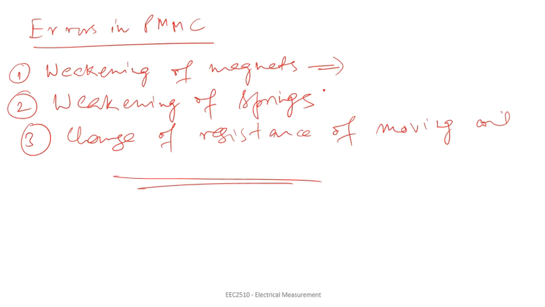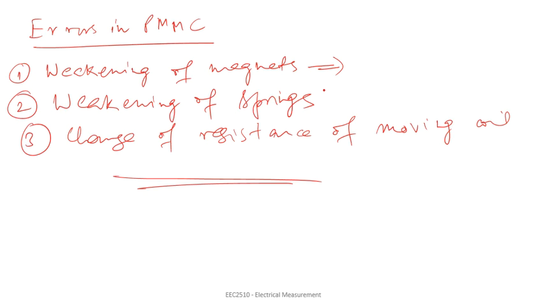However, the effect of weakening of springs on the performance of the instrument is opposite to the aging of the magnet. The weakening of the magnet will tend to decrease the deflection for a particular value of current, while the weakening of springs will tend to increase the deflection. We have just discussed that springs are used to provide the controlling force.